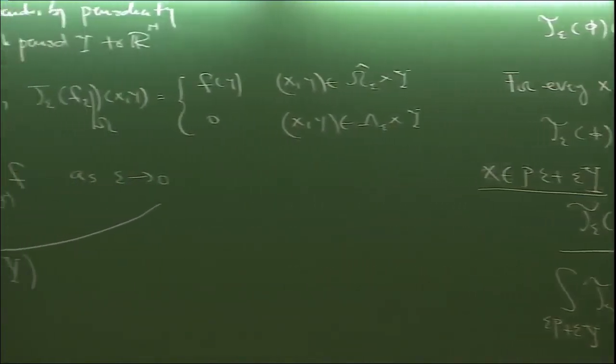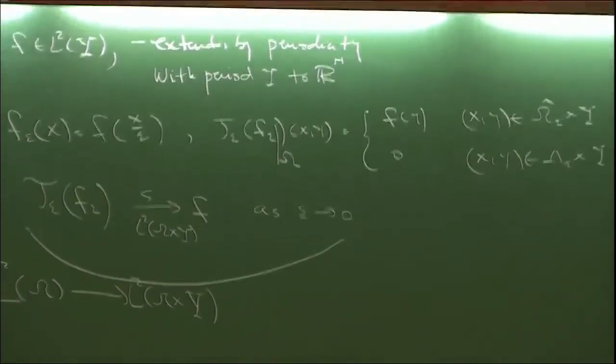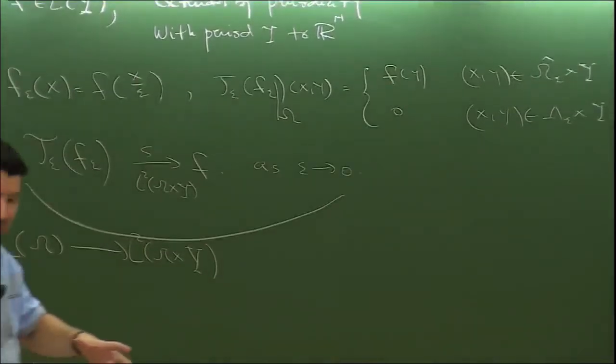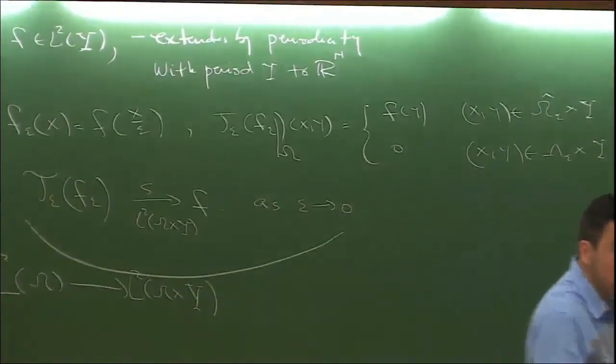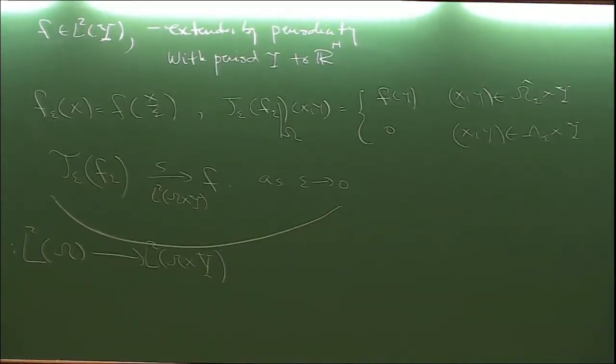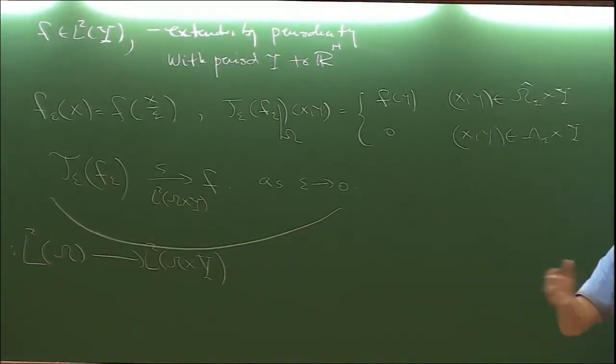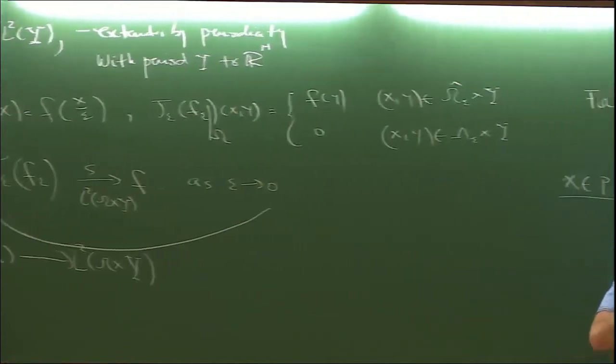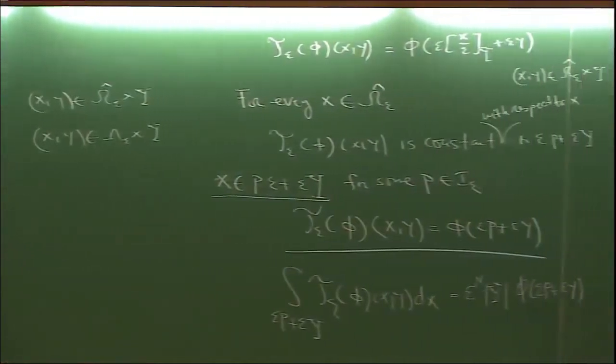So somehow I need to be able to get from integrals on omega to integrals on omega cross y. Okay? So I need to be able to do that. If I don't have such an identity which takes integral from omega to integrals on omega cross y, I cannot apply my tool to that formulation. Okay? Now, we understand why omega cross y appears.